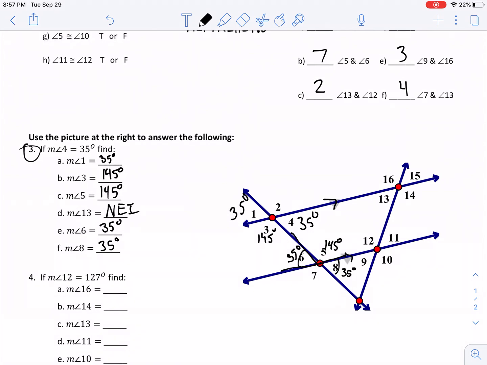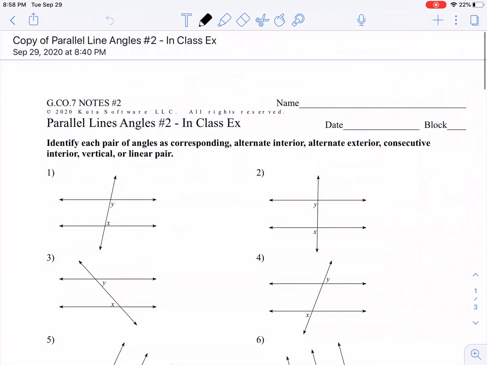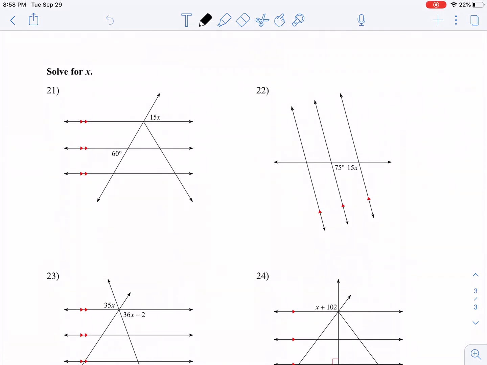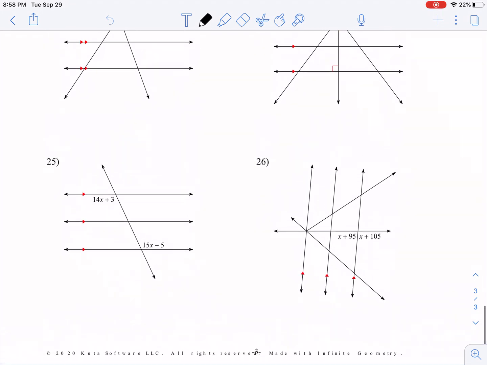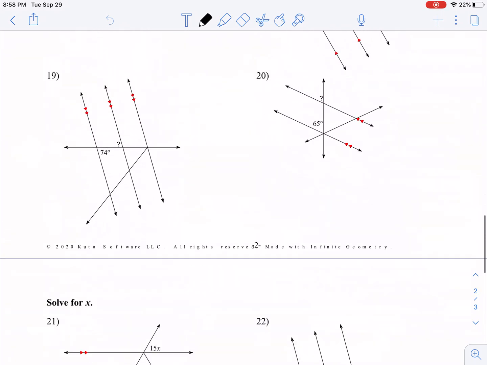Okay? So the next thing I want to look at, I'm actually going to go on to the second example, that second notes page, and go all the way towards the bottom. 21. Let's see, is that the one I'm looking for? That's not the one I'm looking for.